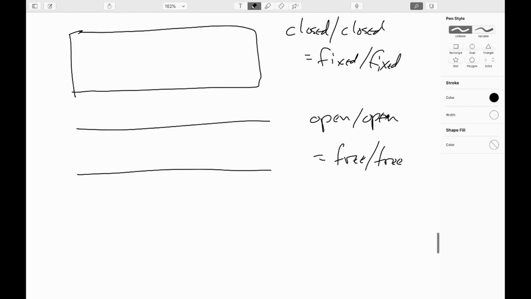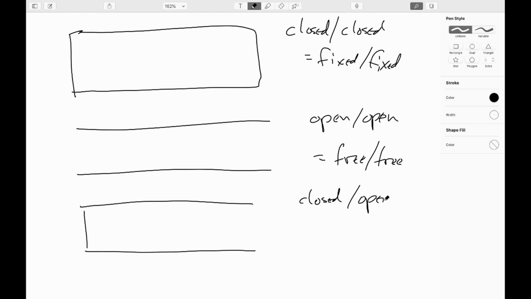And then finally, if one end is closed and one end is open, that's the same difference as fixed-free. Now, if you've seen any presentation from acoustics, acoustics texts might make the exact opposite choice and say that closed ends correspond to free and open ends correspond to fixed.